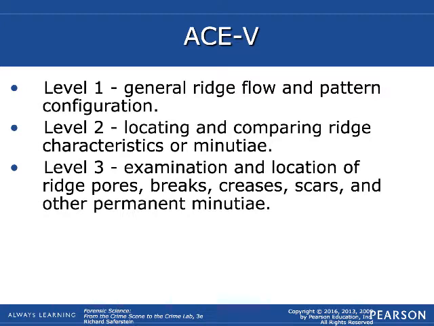So they're going to look for loops, whirls, and see if they have arches. Then level 2 is they're going to compare the minutia. So they're going to start comparing the little teeny tiny, the smaller things, like is it bifurcated, where do the ridges end? And then level 3, they're going to start looking for pores, creases, scars, other things that are on there that might be permanent.